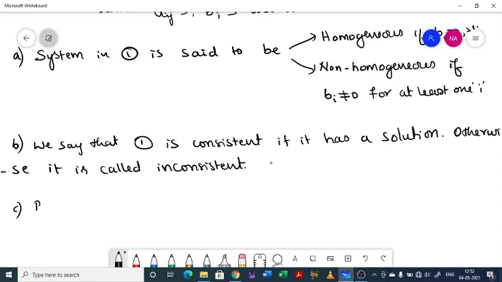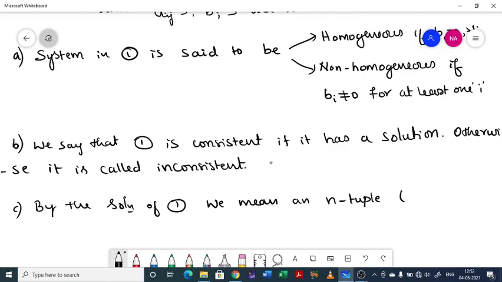By the solution of equation 1, we mean an n-tuple, that is, within brackets n values x1, x2, up to xn. x1 may be some integer or any rational number, a fraction could come.